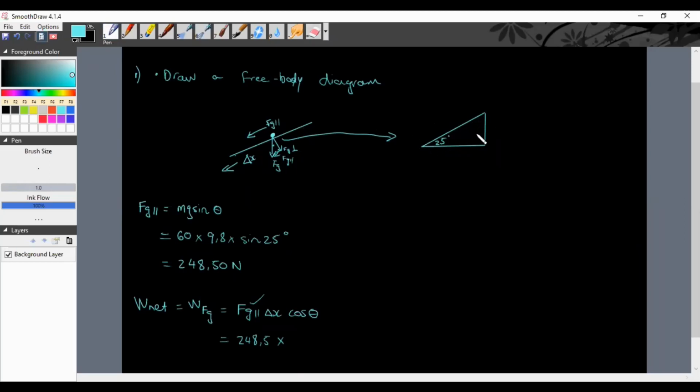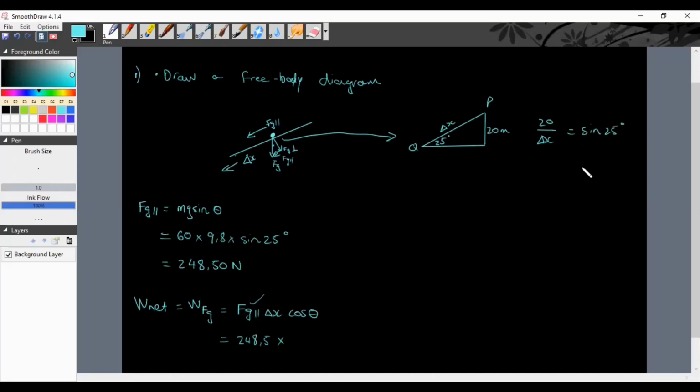I'm drawing this part here, and so I have 25 degrees over here. This part here was 20 meters. So the height was 20 meters. This is point P, and this is point Q. Now PQ is my hypotenuse. I am looking for opposite over hypotenuse, which is equal to sine 25 degrees. So 20 divided by delta x, which is my hypotenuse, is equal to sine 25 degrees.